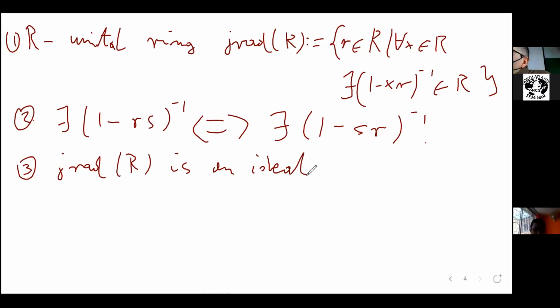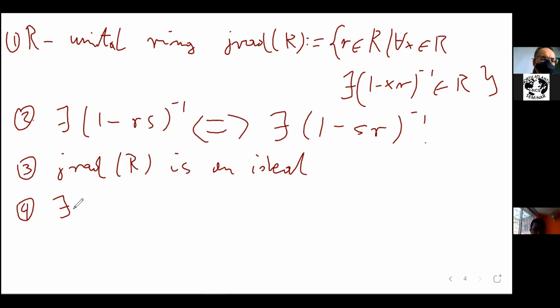But now we can actually prove something more. It follows from number 2 that you have, well, this condition defining the Jacobson radical, right?